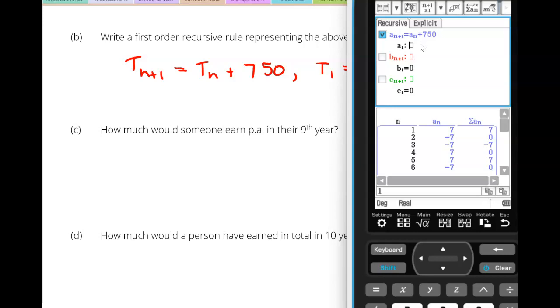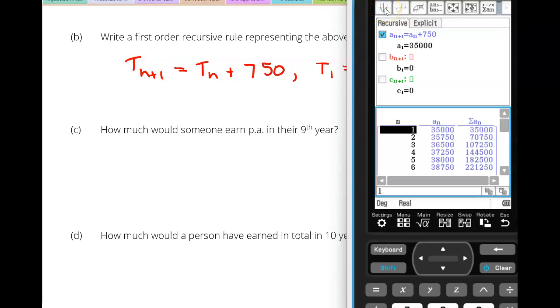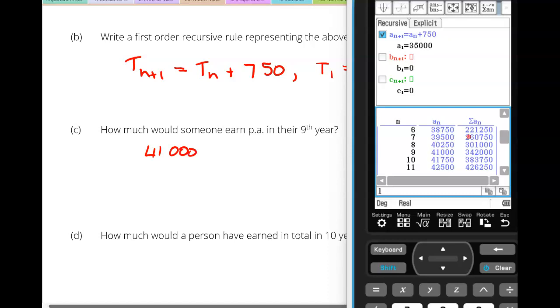Starting term was 35,000, and then you can call up your sequence. Now we are interested in the 9th year, so you do need to scroll down to 9. Remember, I set this calculator up to 20 the other day, so it's still there. It's not the default setting. Default is 1 to 5, but if you haven't changed your settings, it should be the same as last time.